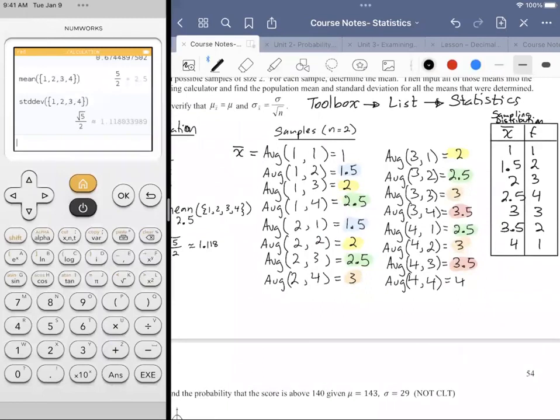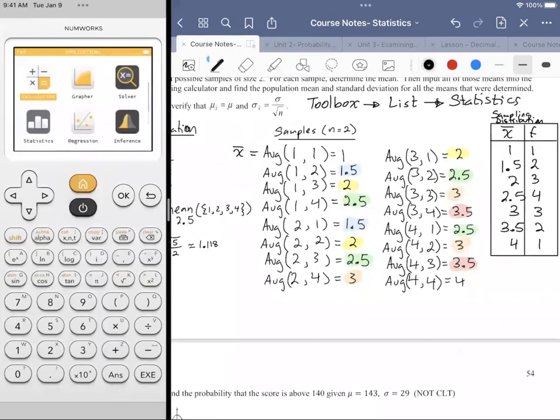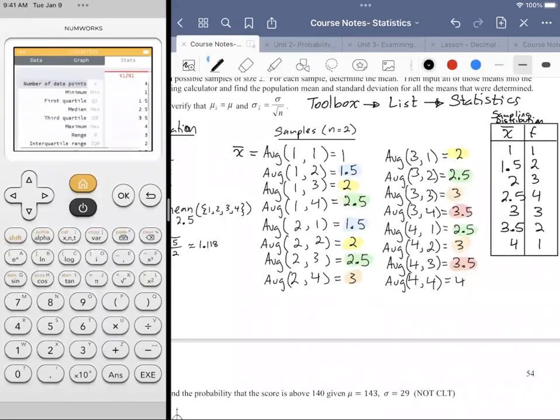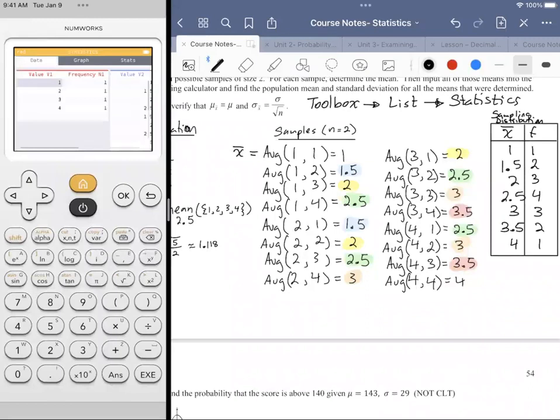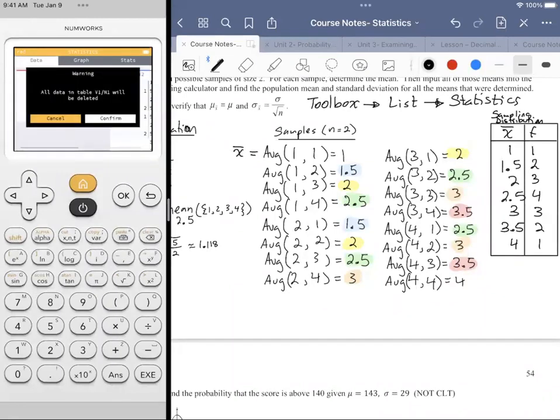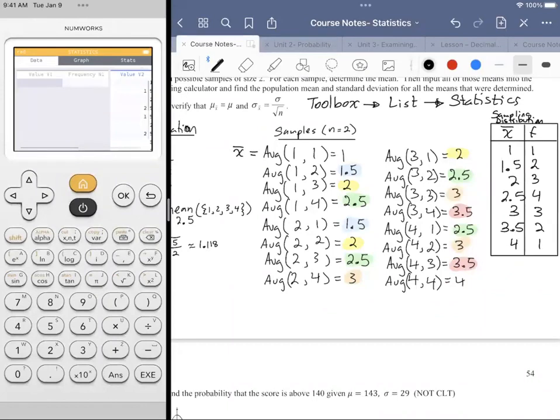Right? But if I go into the home screen, statistics, under data, I'm going to just clear out what I have here. Put these values in: 1, 1.5, 2, 2.5, 3, 3.5, 4, and then adjust the frequencies accordingly: 1, 2, 3, 4, 3, 2, 1.